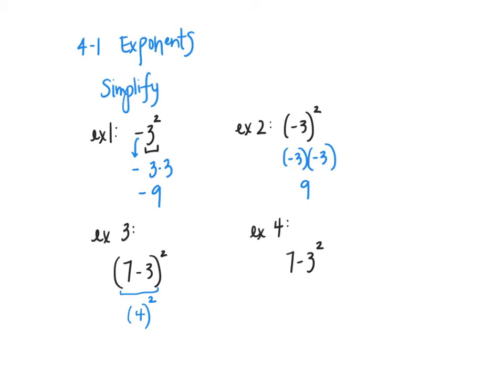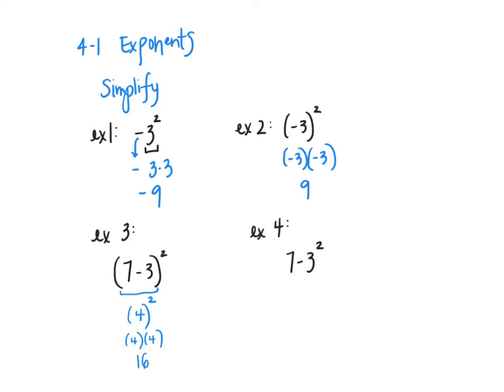So I have 4 squared. So once I do my parentheses, then I can go to my exponent. So what this means is it's really 4 times 4, which is a positive 16. Once again, check that on your calculator that you're entering open parentheses, 7 minus 3, close your parentheses, and make sure you know how to square that.